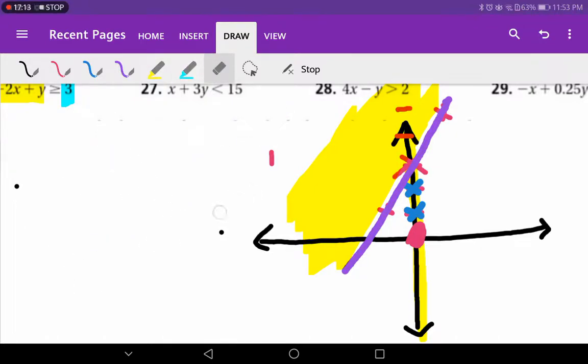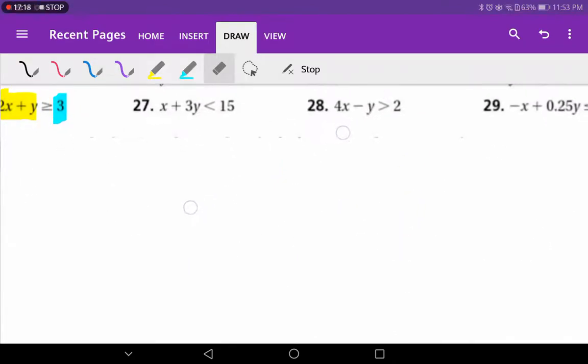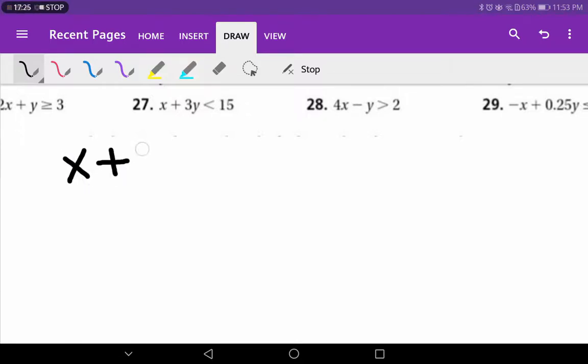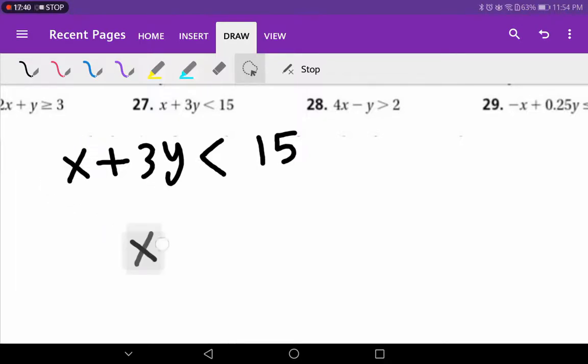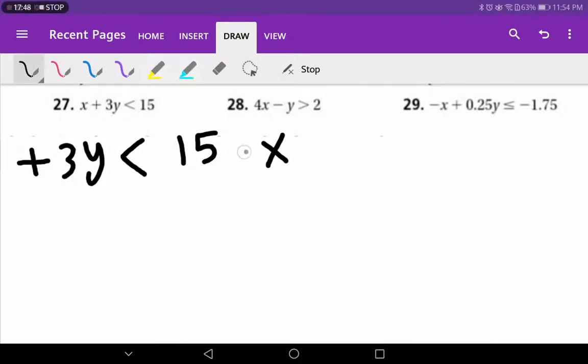Okay, my dear student, one more example and your life will be beautiful, believe me. Now the next one is x plus 3y less than 15. As the teacher said, the y must be alone and happy to graph. So I will take this to the other side and opposite its sign, so it will be negative.